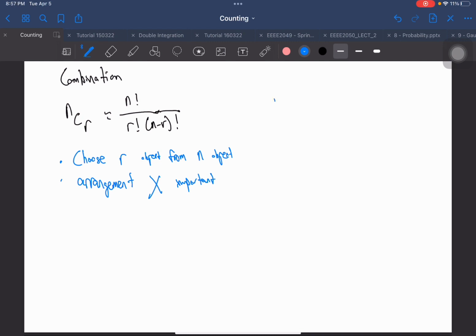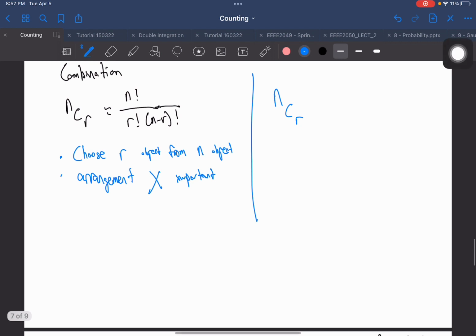Just as what we said, we want to pick R items from N objects, right? So now you got N balls, and you want to pick R balls from N balls. All those balls are different. Okay? So as usual, we got R positions here, and note that the arrangement is not important.